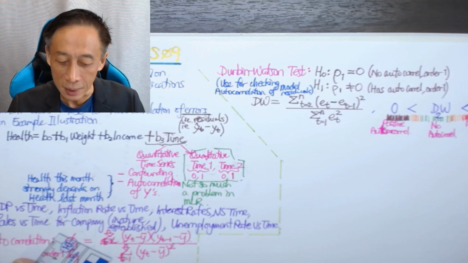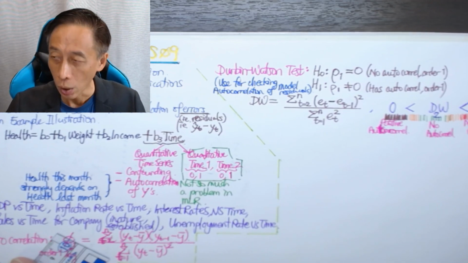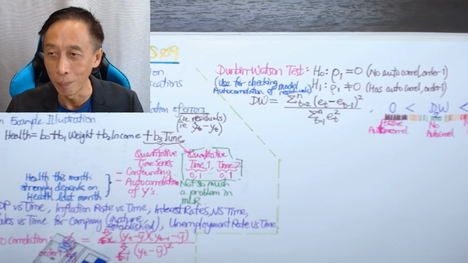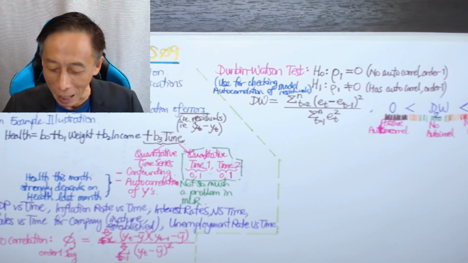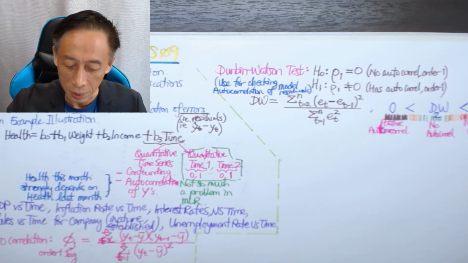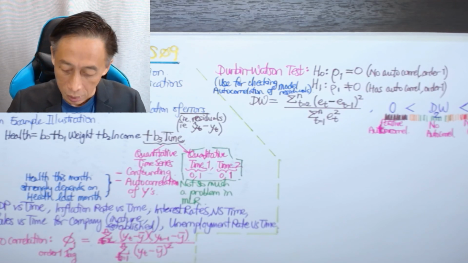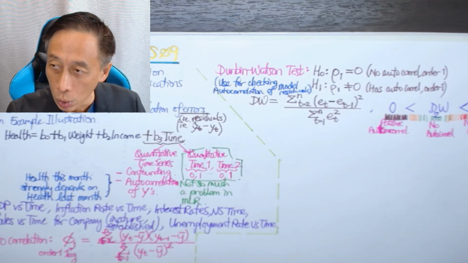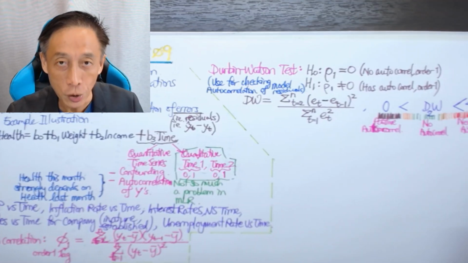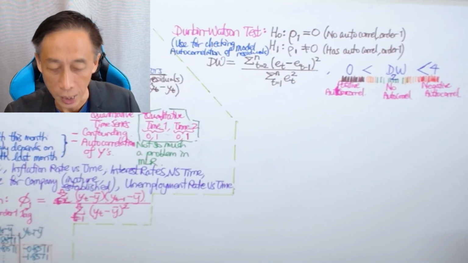Okay, let's take a look at an example perhaps to help bring out the so-called power, the effectiveness of the Durbin-Watson test in helping us to detect autocorrelation, and then we see how we should react to it.